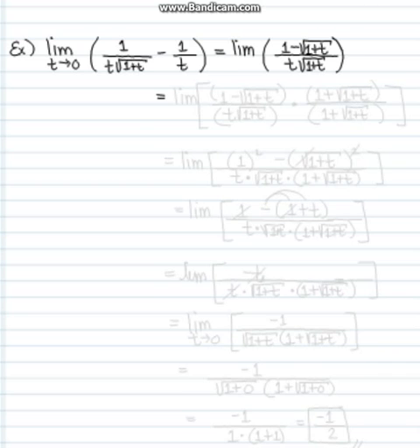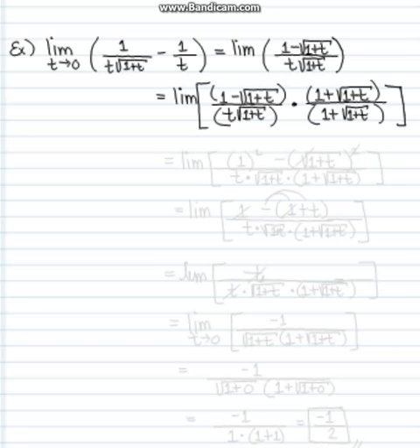Now we're ready to rationalize the numerator by multiplying by the conjugate of the top over the conjugate of the top. Okay, conjugate of the top over itself on the top.